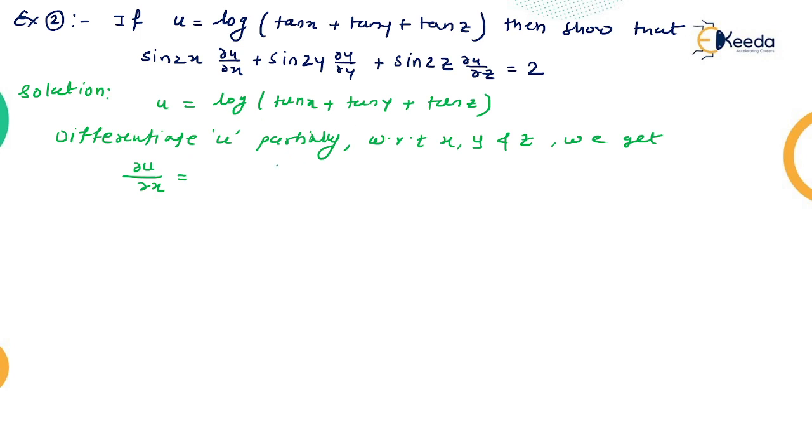This is a log of this bracket, so the differentiation of log means 1 upon this bracket as it is, that is 1 upon (tan x plus tan y plus tan z), just like log x has derivative 1 by x.